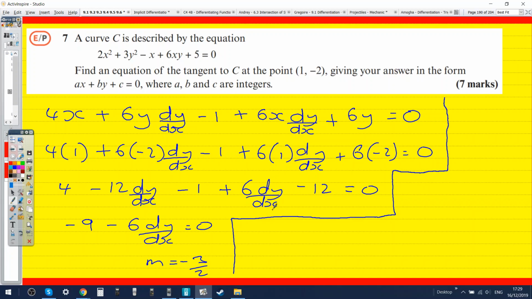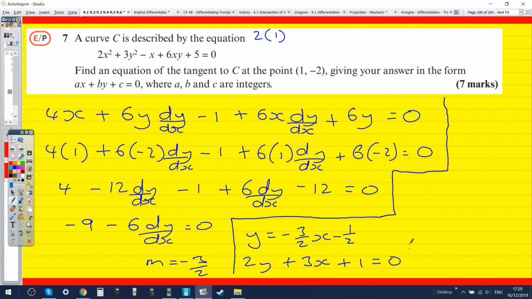So then you have minus 2 is equal to... I got c is equal to minus a half, so y is equal to minus 3 over 2x minus a half. Or you could also do that as 2y plus 3x plus 1 is equal to 0.